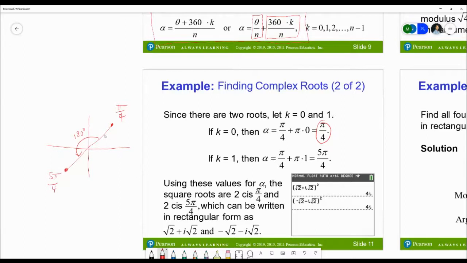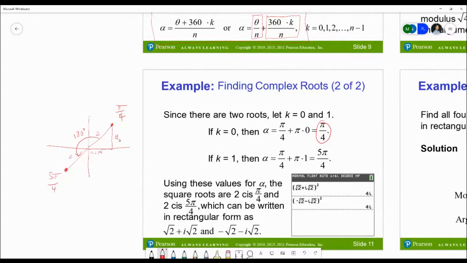And then we know the r value is 2, and we can rewrite this in rectangular form by finding my x and my y value, or my a and my b value.